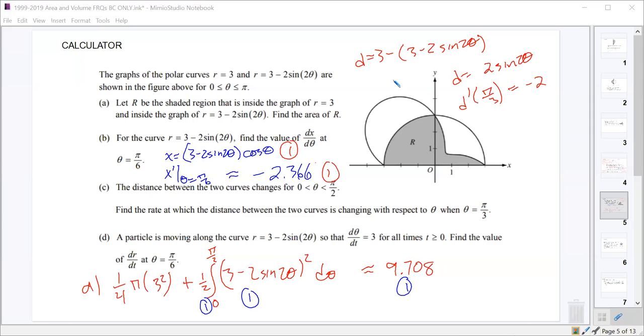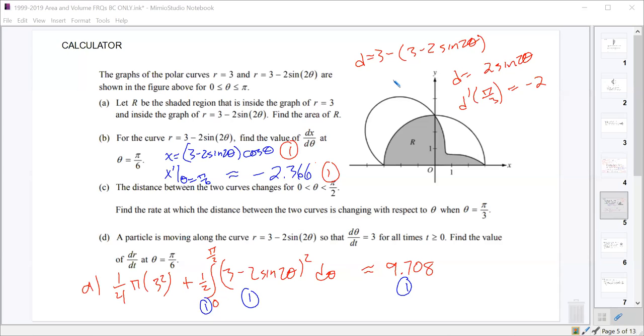Wonderful. And then part D, we got a particle moving along the curve r equals 3 minus 2 sine 2 theta. And we're given d theta dt is 3. We want to find dr dt when theta is pi over 6. So we should, with any luck, recognize that first of all, it's a related rate, but it's something that we're going to use the chain rule for, right?